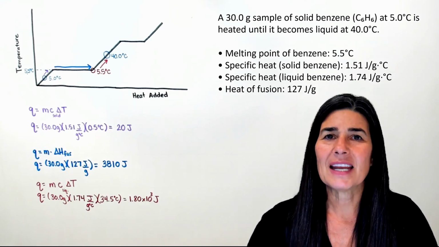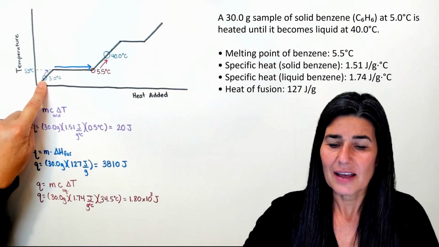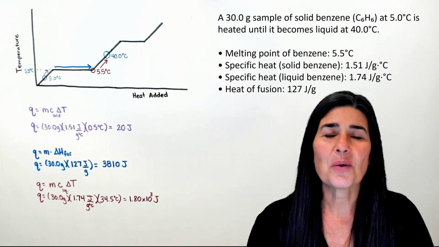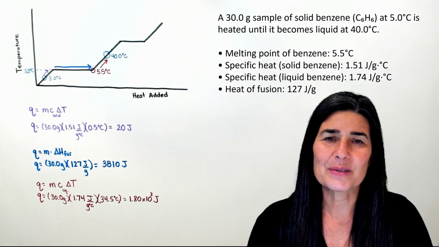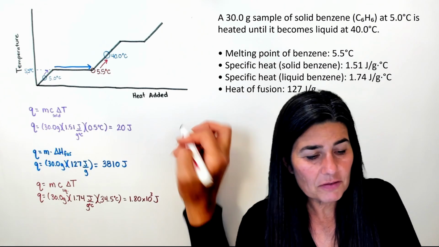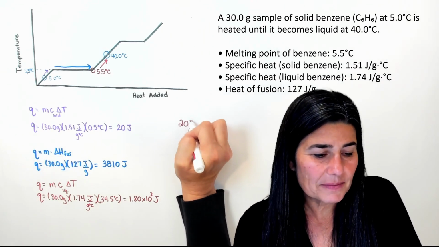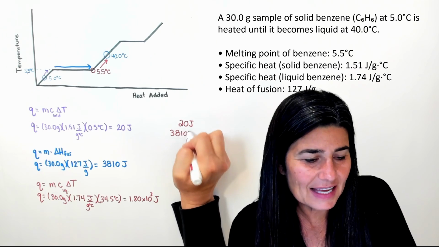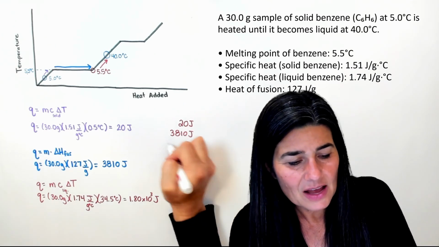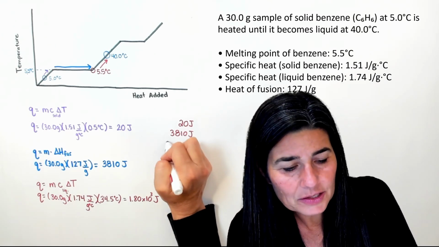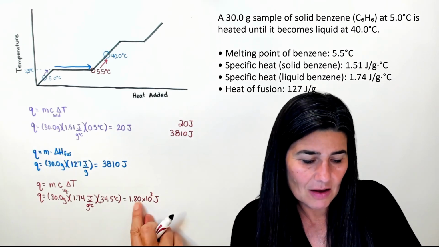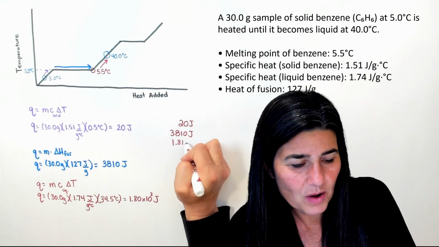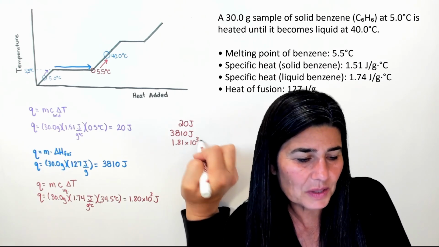All right, so we need the total energy change for the temperature change, the phase change, and the next temperature change. So all we need to do is add all those contributions together. If we add 20 joules plus 3,810 joules plus 1,800 joules, but this is all the way to the tenths place, 1.81 times 10 to the 3 joules.